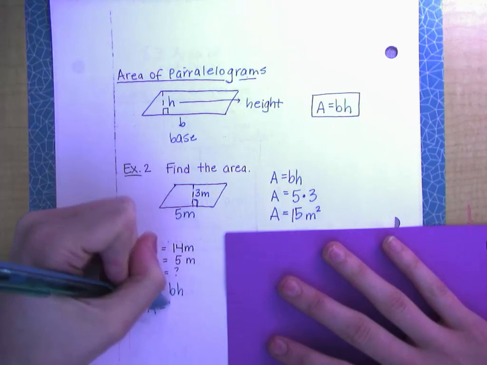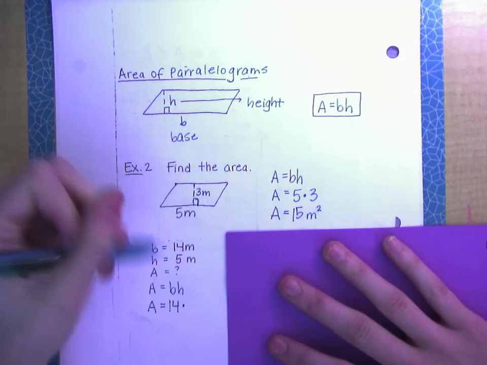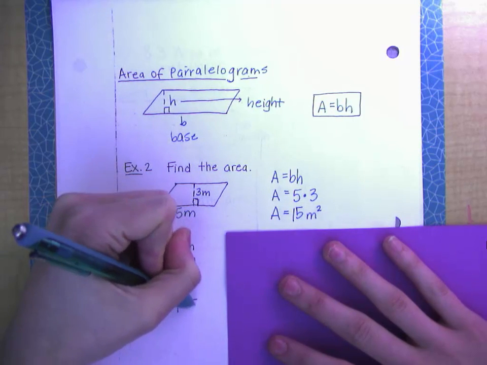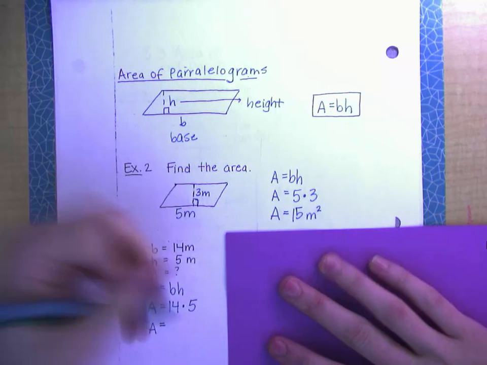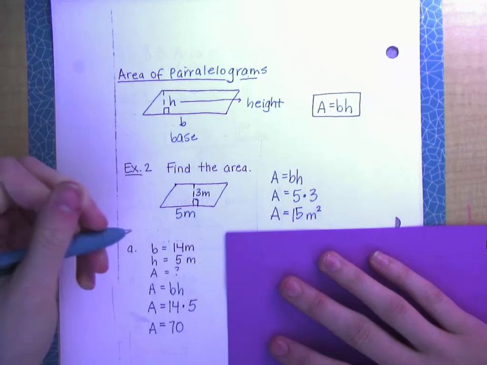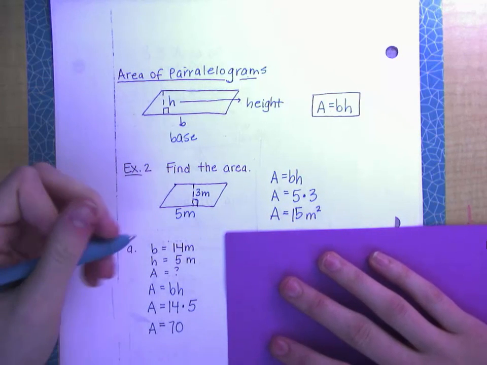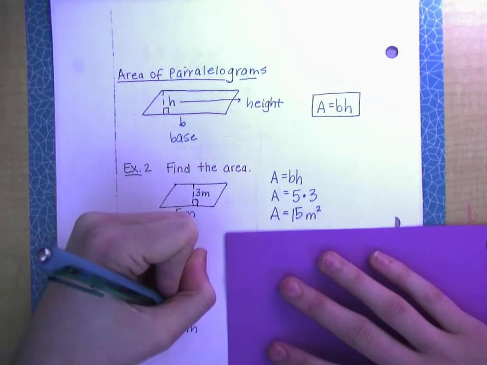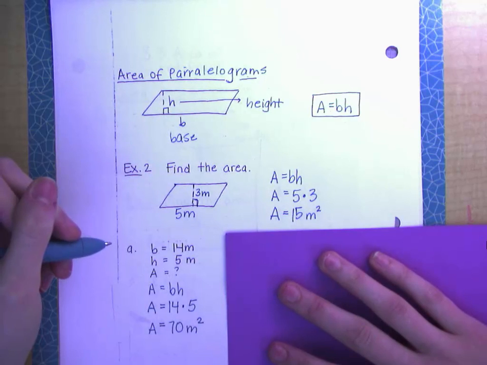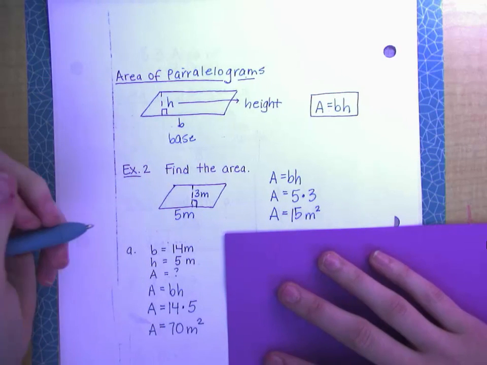My base is 14. My height is going to be 5. And when I multiply those together, I should get 70. And remember to add your unit. So it's going to be 70 meters squared. Okay? So not too bad.